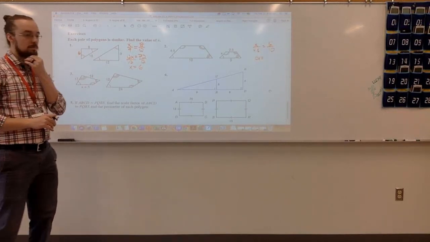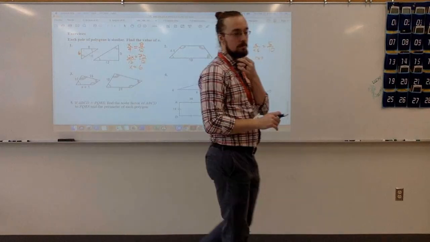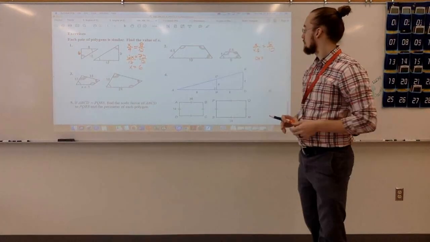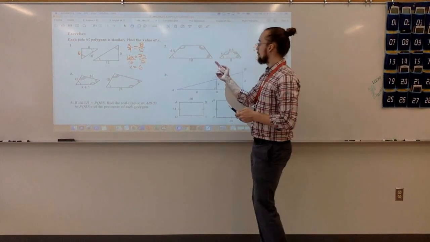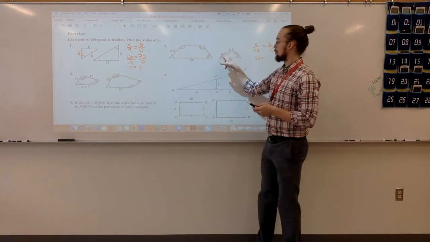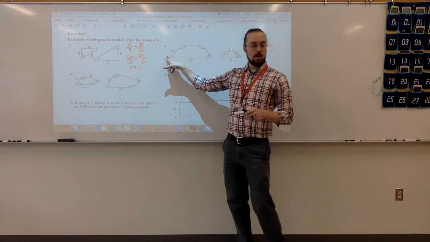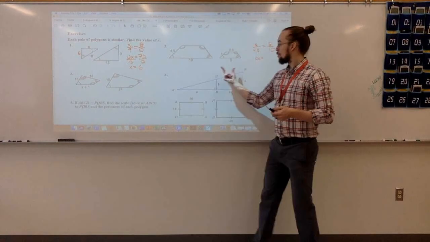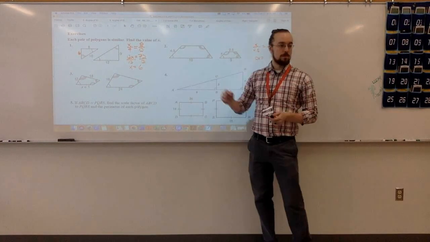So would it be x equals 5? Well, so we would set it up, we would match up corresponding sides. We would say x over 4.5 equals 5 over 10. Alright.